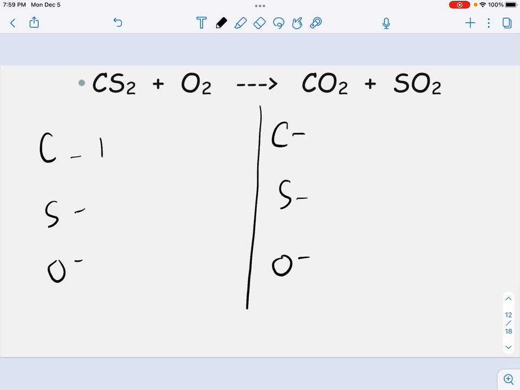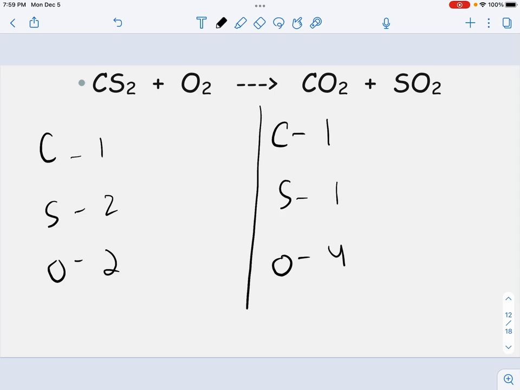We have 1 carbon on the left, 2 sulfur, and we have 2 oxygens. On the right-hand side, we have 1 carbon, 1 sulfur, and 4 oxygens.